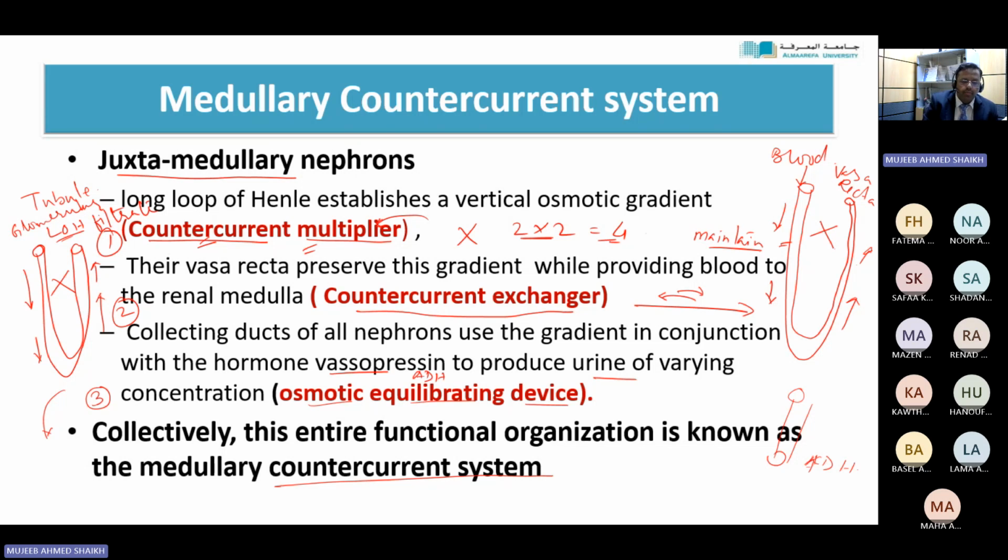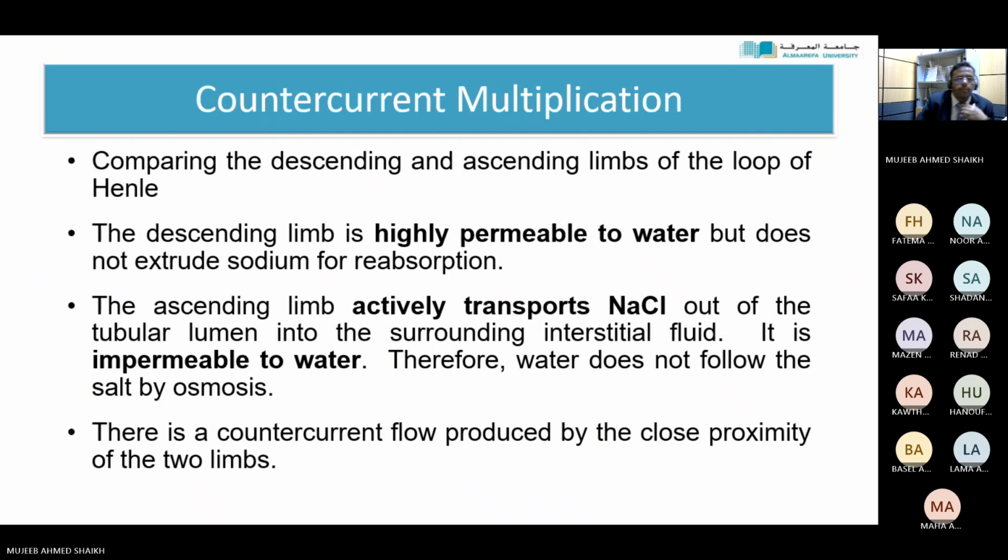Got it? So before we proceed to know how the kidney produces concentrated urine, we must know these three elements: countercurrent multiplier, countercurrent exchanger, and the effect of ADH on the collecting tubule. Okay.